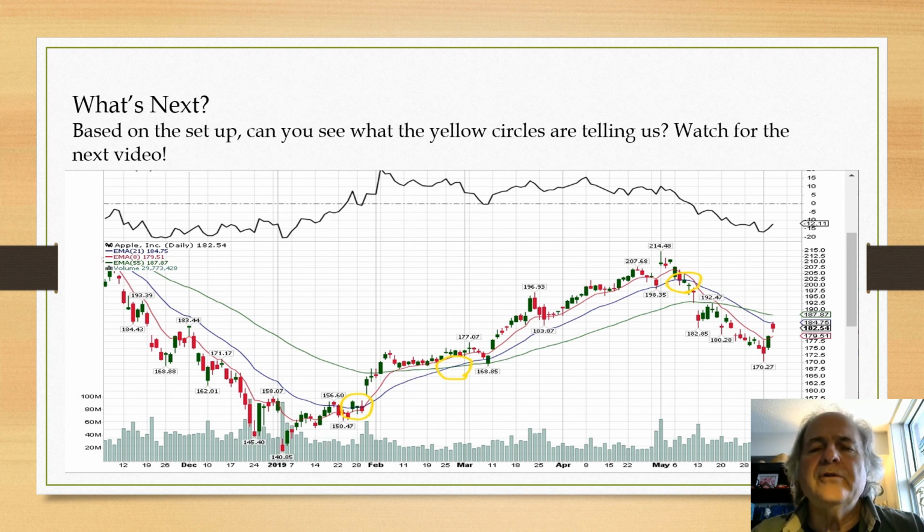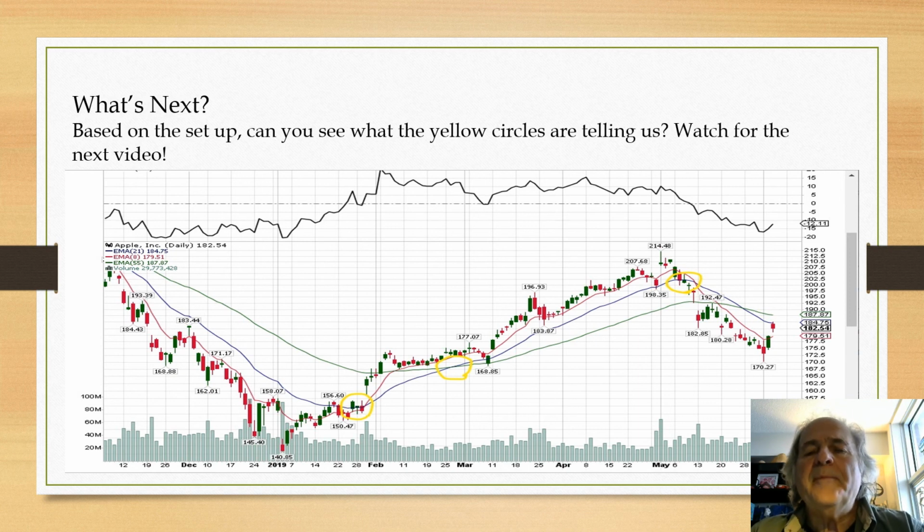What I'm going to show you is our setup, and what I've done is I've put clever yellow circles around three key points on this slide, and I want you to use the thin moving average lines, and I want you to figure out what the trade would be if we were using the moving averages, the thin colored lines, to generate our trade.